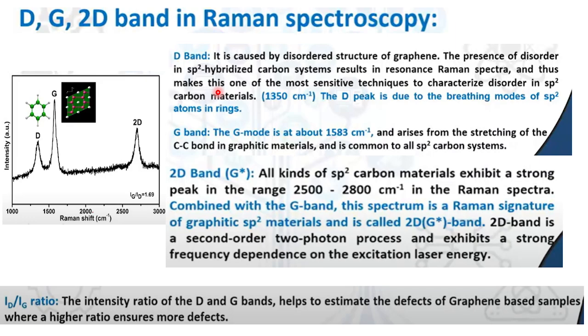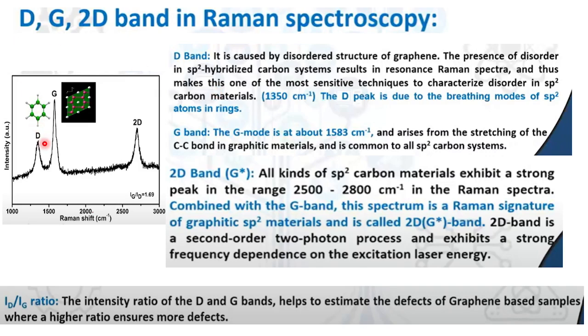Now the presence of disorder in sp2 hybridized carbon system results in resonance Raman spectra, and thus makes this one of the most sensitive techniques to characterize the disorder in sp2 carbon, that usually comes at 1350 centimeter inverse. The D peak is due to the breathing mode of the sp2 rings.